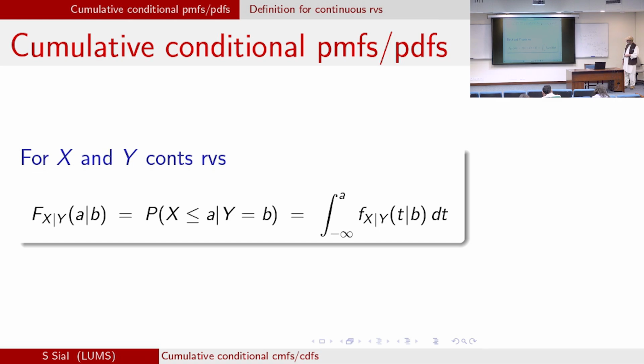So you take the conditional PDF for x given y. The y is fixed at b, and x is taking values from minus infinity to a. So let's say we could call that t, and t is going to take values from minus infinity to a, right?